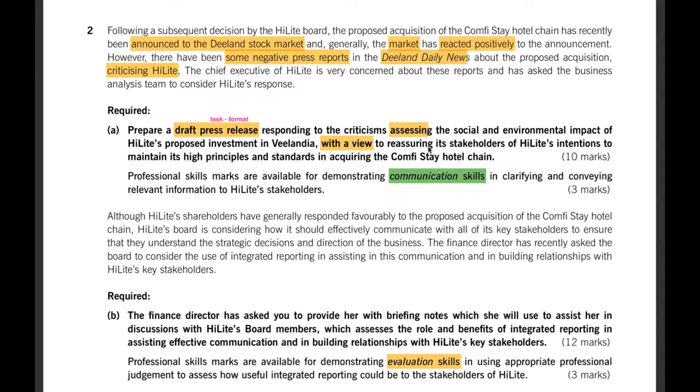So what do you think this particular requirement requires you to do? And what do you think would be the syllabus area that helps you to answer this?